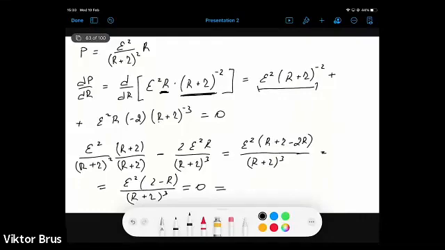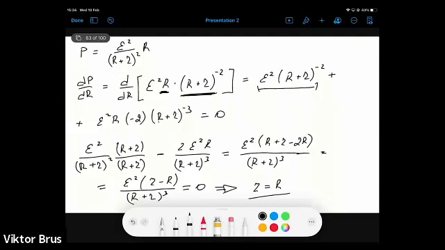So from here, we see that this will be equal to 0 only when, we don't assume that the electromotive force is equal to 0, obviously. So we have some working battery, not broken. Then it is possible only in the case when internal resistance is equal to load resistance.